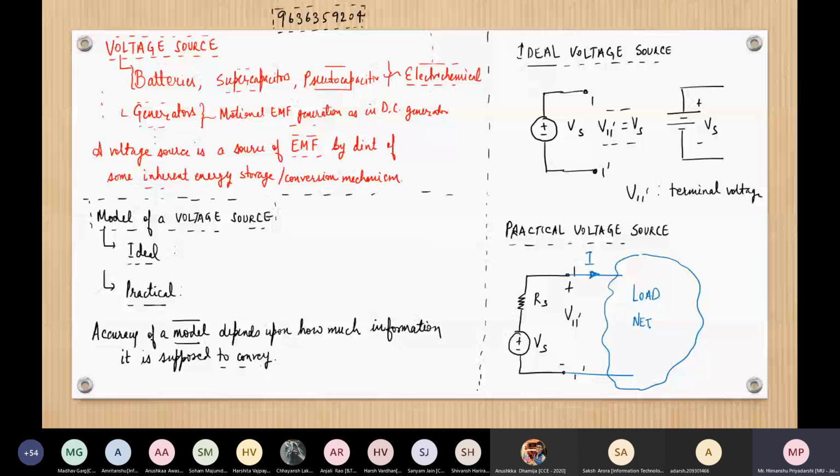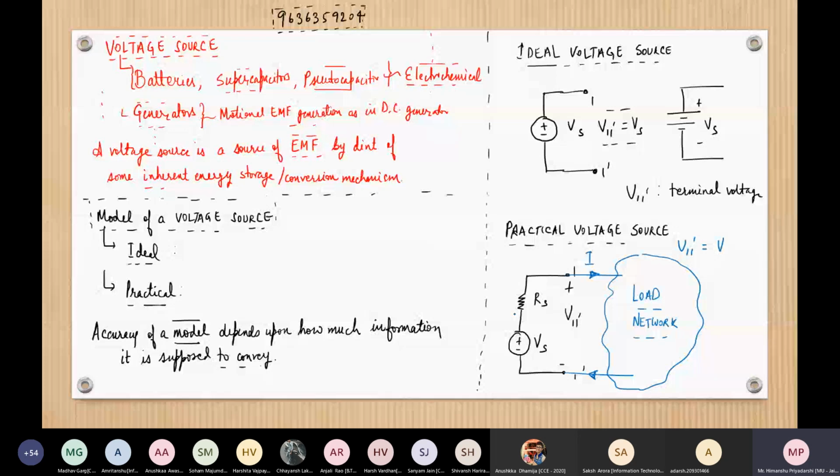Why am I calling it a network? It may be a simple resistance or it may be a combination of resistances. So my V11 dash will be equal to what?